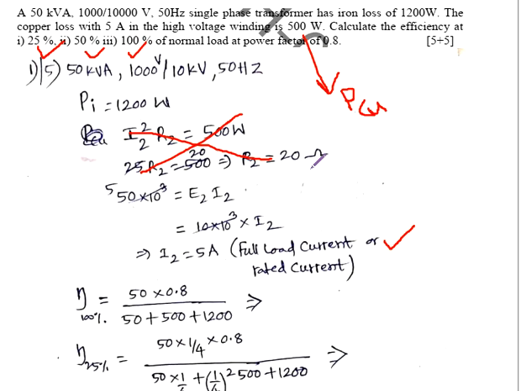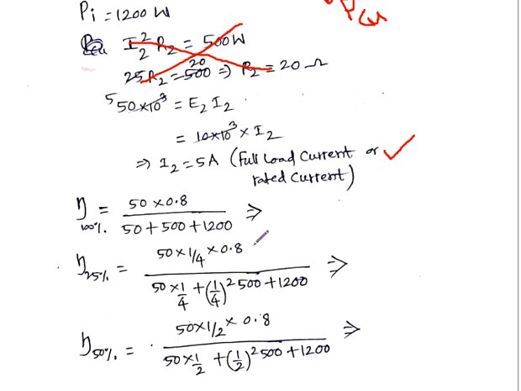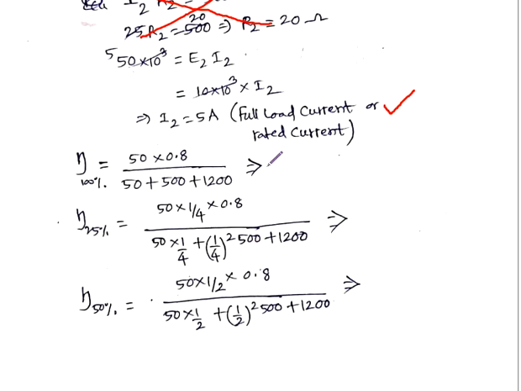Now we can determine efficiency at any loading value, because we have PCU as well as iron loss, and we also have the power factor and the full load rating or output power. So at 100% load the efficiency will be 50 × 0.8 divided by 50 × 0.8 plus 500, which is the full load copper loss, plus 1200, which is the iron loss.